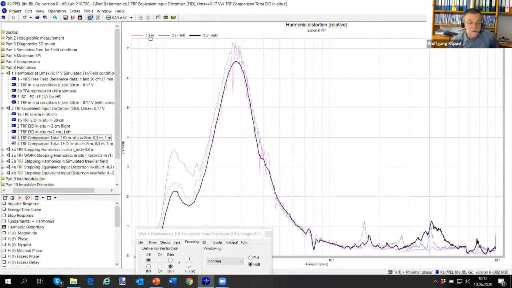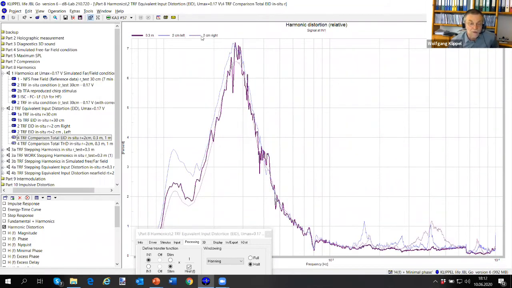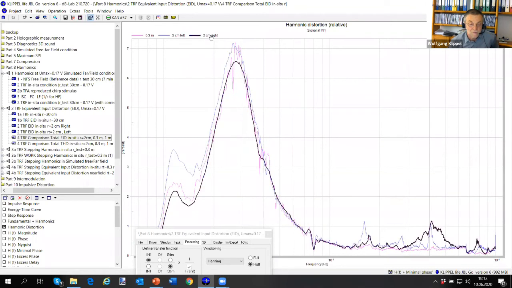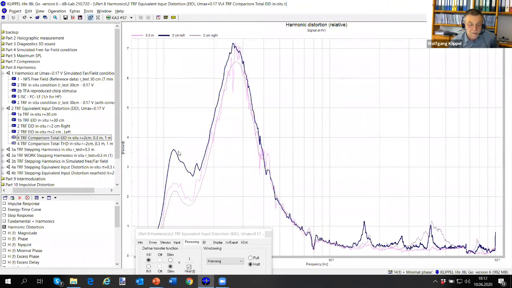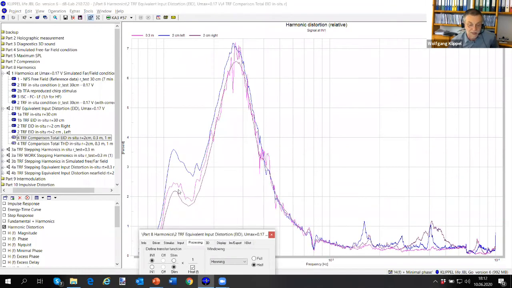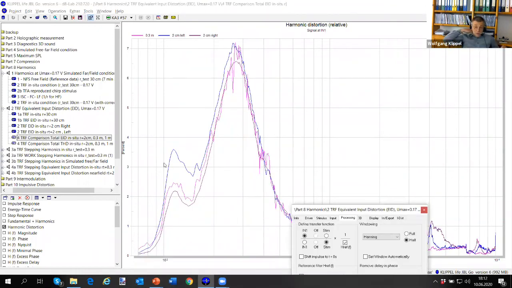And the same here at higher frequencies. And the passive radiator has also changed something at lower frequencies. Here you see there's a big difference, almost doubling the distortion from the passive radiator. You see, it's much easier with the equivalent input distortion to interpret the data.